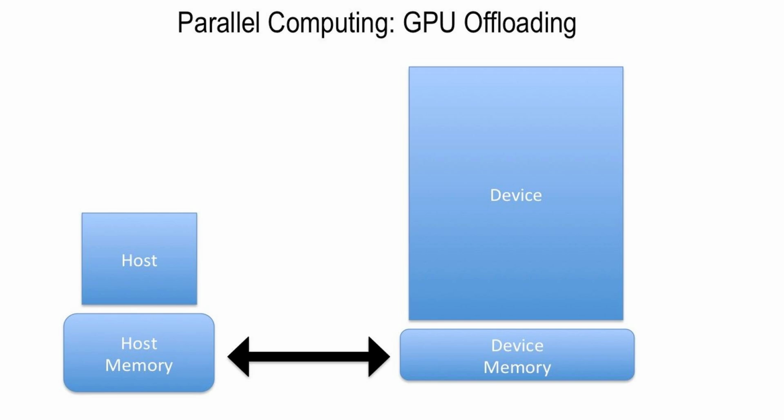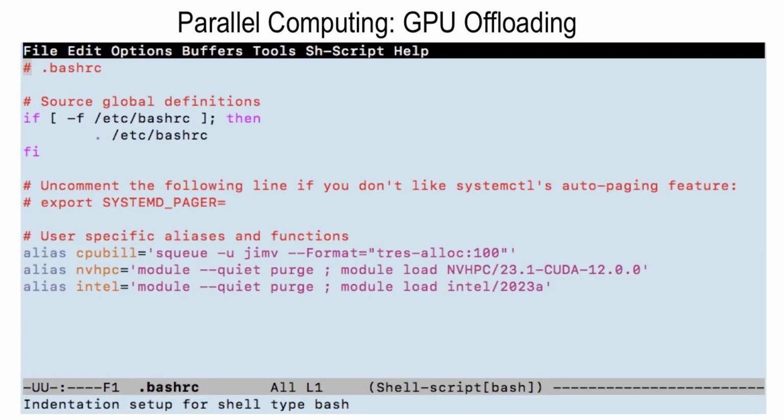To compile our Fortran program, we need a compiler. The Intel Fortran compiler, iFort, does not support GPU offloading. Instead, we'll use the NVIDIA Fortran compiler, NVFortran, which is designed to work seamlessly with NVIDIA GPUs. To obtain the most recent NVFortran compiler, we'll need to install the latest NVIDIA HPC software.